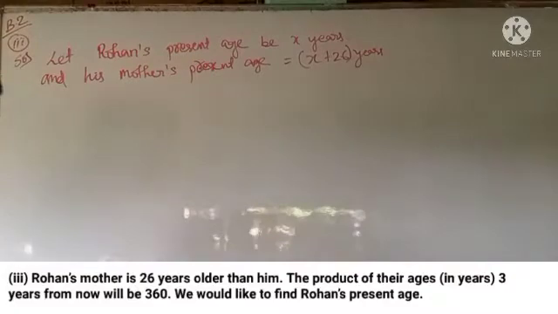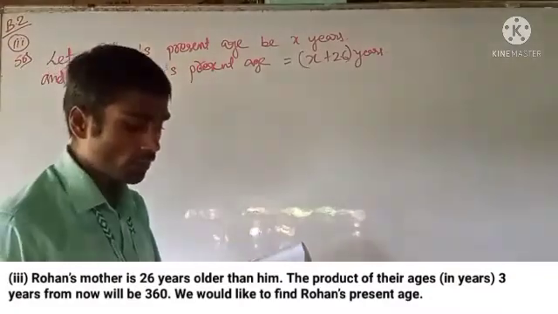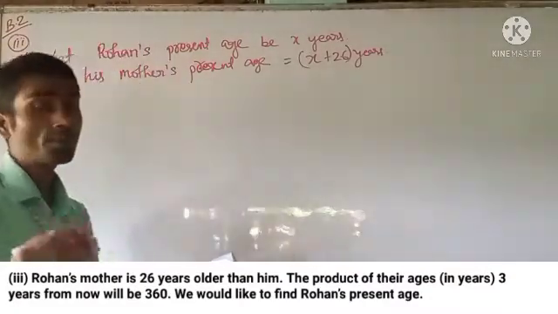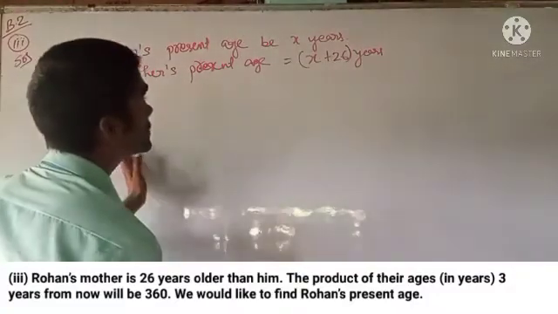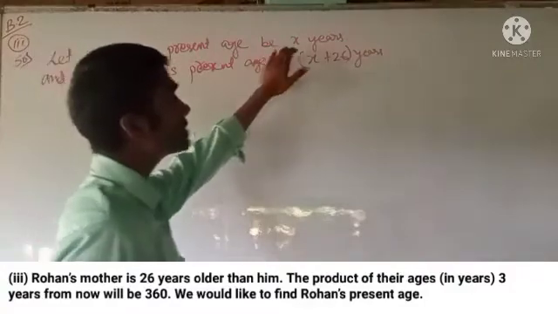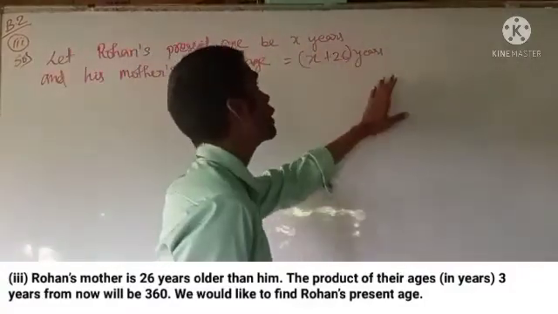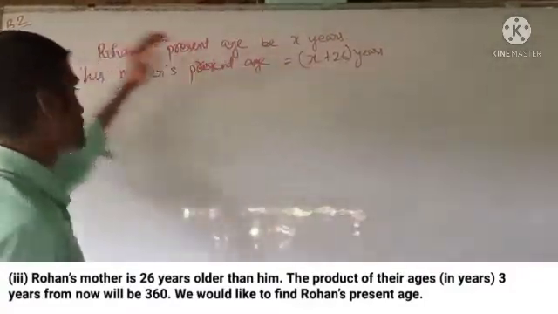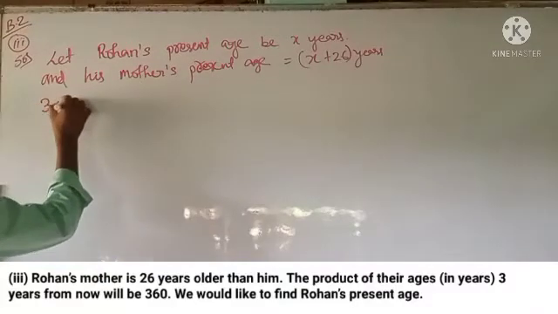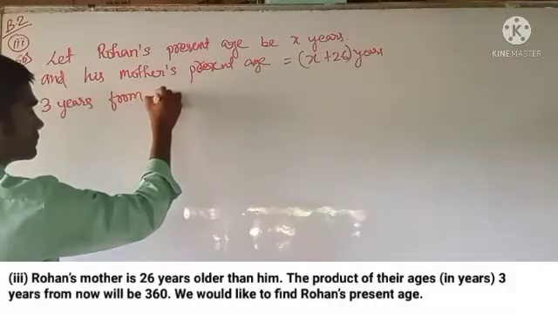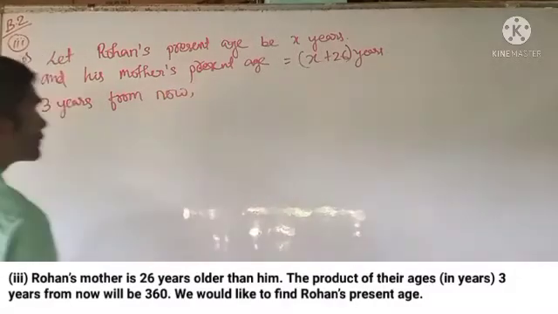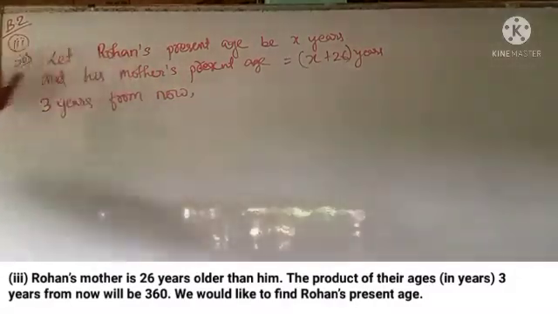Now, what is the situation given here? It is the product of their ages 3 years from now. That means if we are talking about 3 years from now, then we have to add plus 3 to both their present ages. So 3 years from now, what will be Rohan's age?